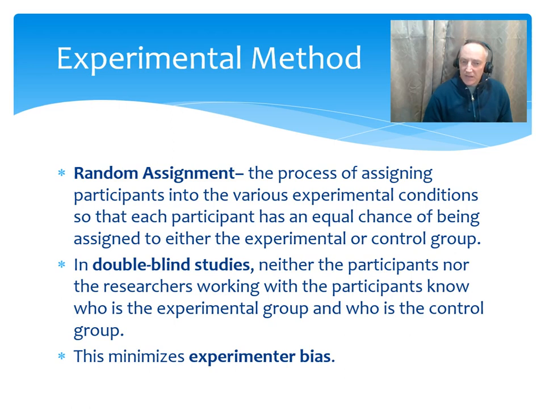If I didn't do a double-blind study, that might lead me to maybe look for changes, look for benefits in the experimental group in comparison to the control group. If it's double blind and I don't know who's getting the real pill and who's getting the fake placebo pill, then I can't be biased.